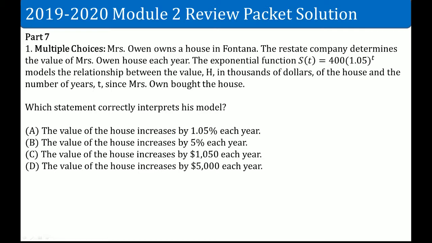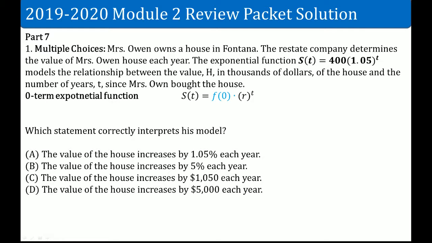A. Well, I highlighted a couple of things. First of all, I know that it's the zero term exponent. The zero term here would be 400, right? Because that's the exponential function that was given. And I know it is increasing by 5% each year, or the r becoming 1.05 based on the information given.